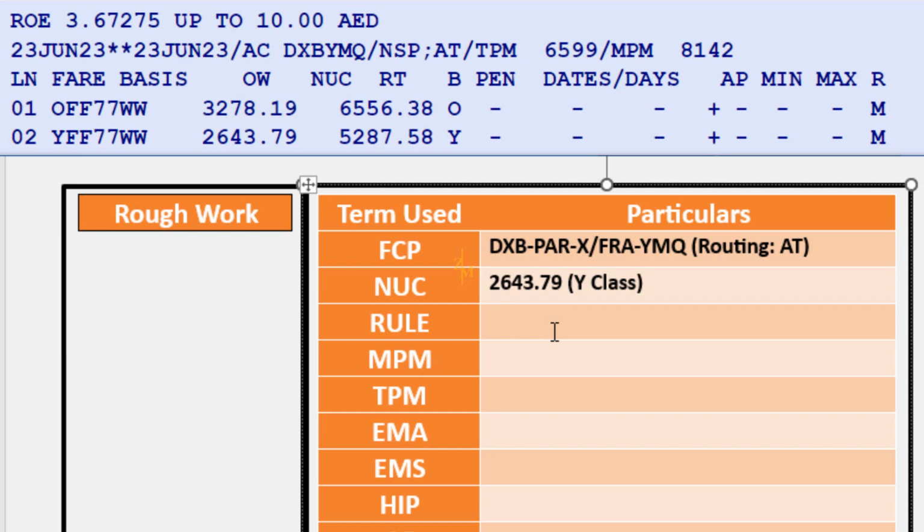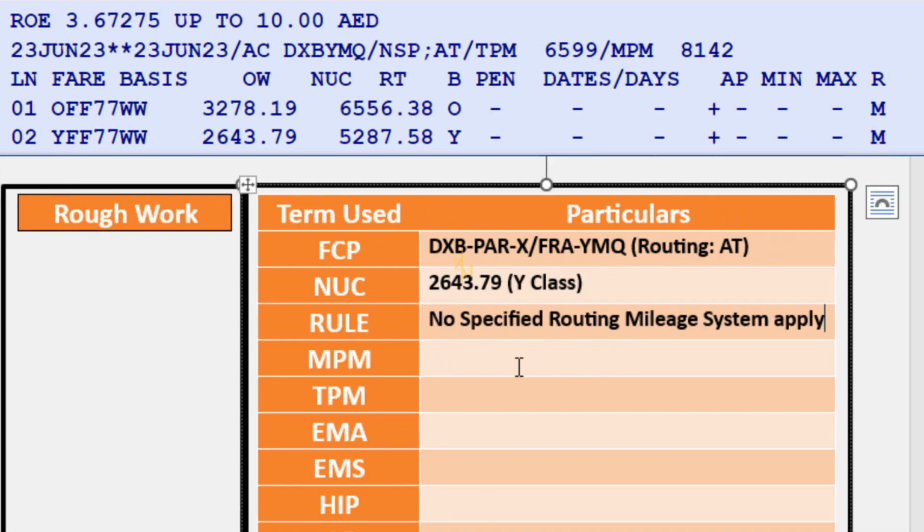For this fare calculation, there is no specified routing due to the mileage rule. Instead, the routing is determined by the distance traveled. Step 4. Maximum permitted mileage, MPM, sets a limit on the distance allowed for the journey. In our example, the MPM is 8,142 miles.